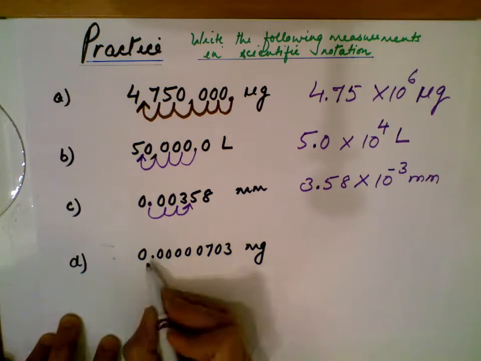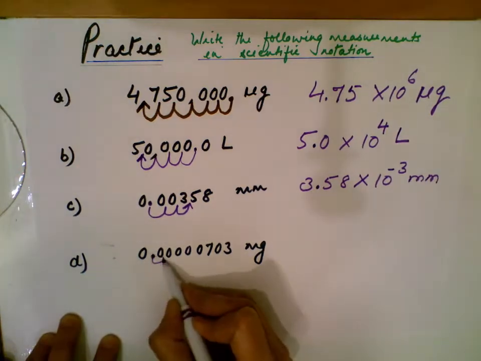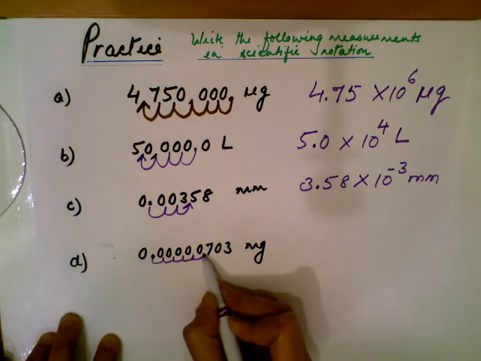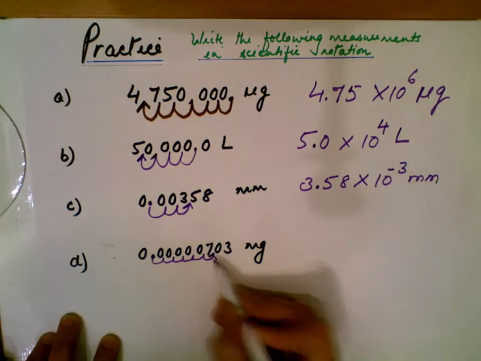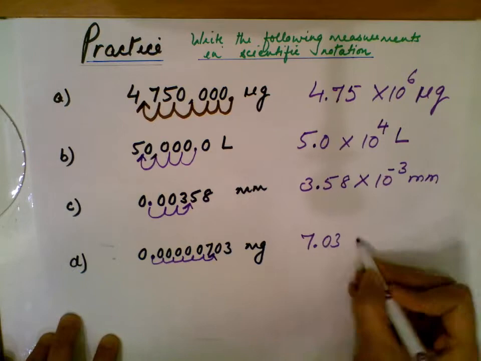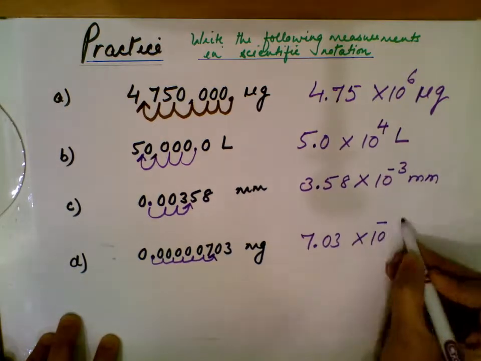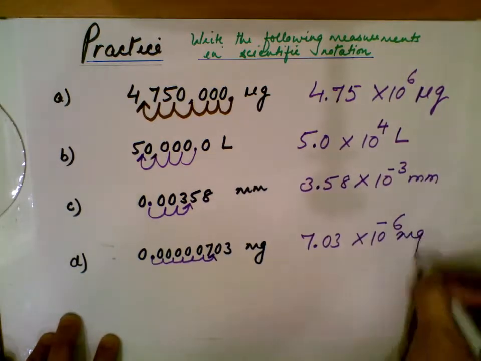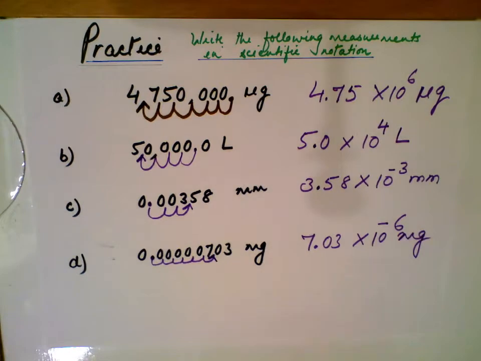Okay, same thing here, last one, 1, 2, 3, 4, 5, and I'm going to stop here because by stopping here, this is what I'm going to get. Since I moved 6 places to the right, so negative, and this is milligrams.